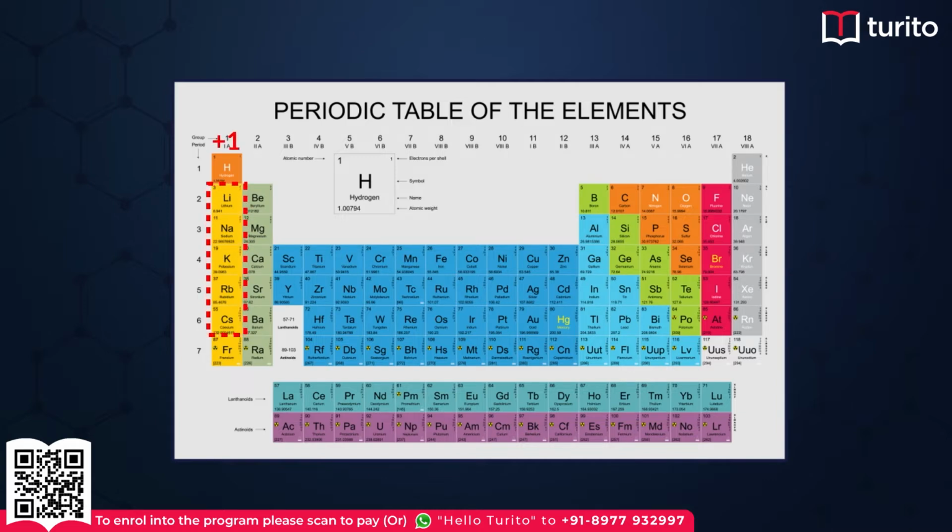The second group will acquire +2 charge. The 13th group will acquire +3 charge. The 15th group will easily acquire -3 charge. The 16th group will acquire -2 charge, and the 17th group will acquire -1 charge.